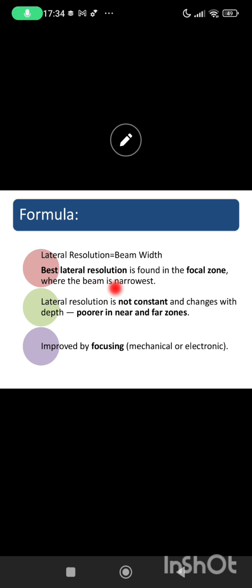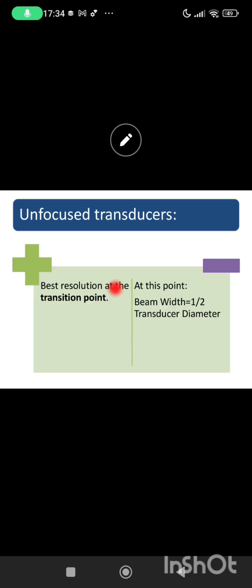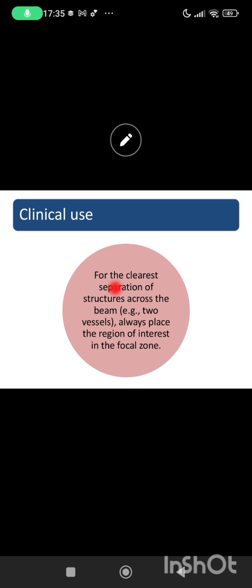And lateral resolution depends on the beam width. And lateral resolution is not constant and changes with depth. Poor in near and far zones and best in the focal point. Improves by focusing. For an unfocused transducer, the best resolution is at the transition point between the near field and the far field, because at this point the beam width is almost 1/2 of the transducer diameter.